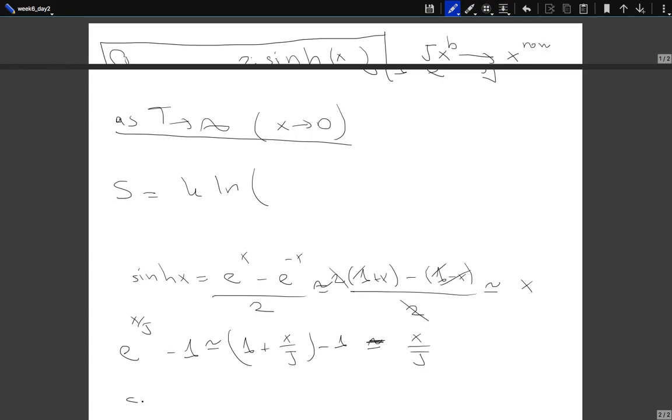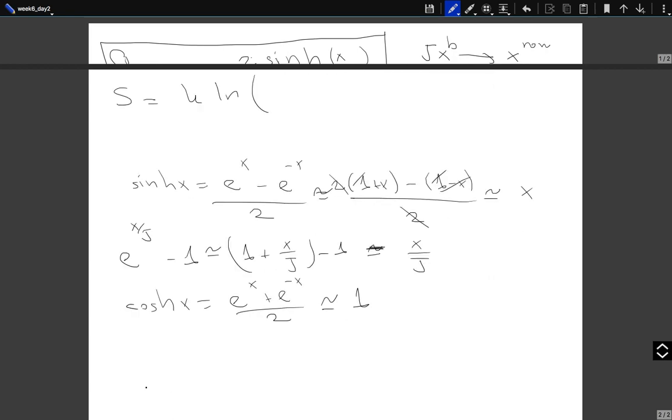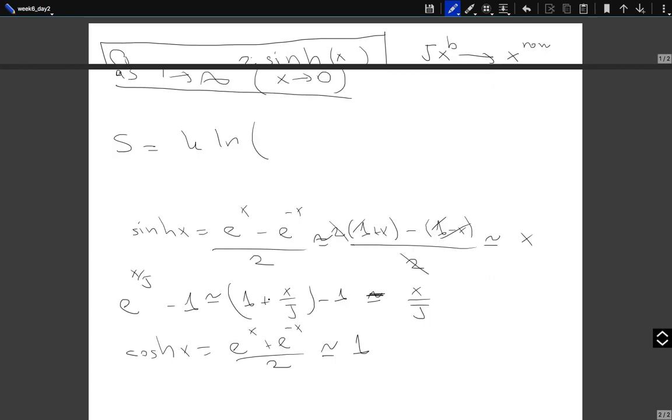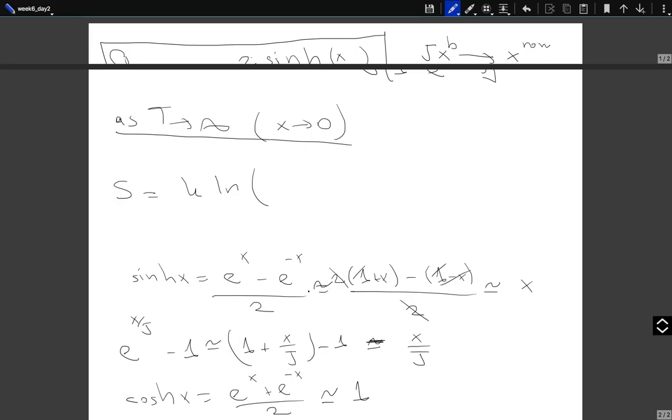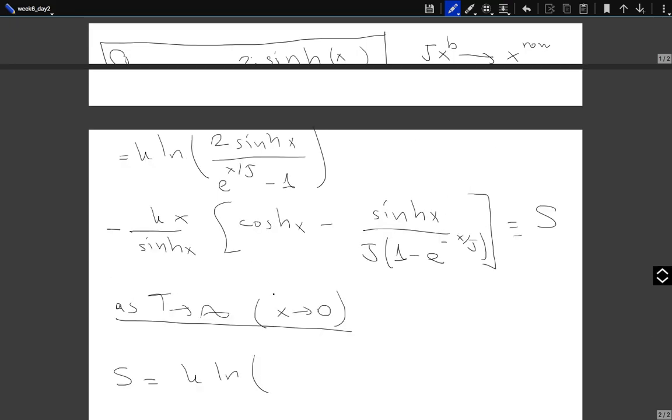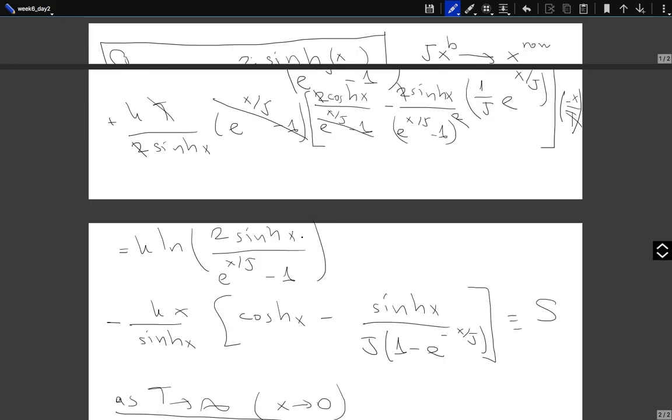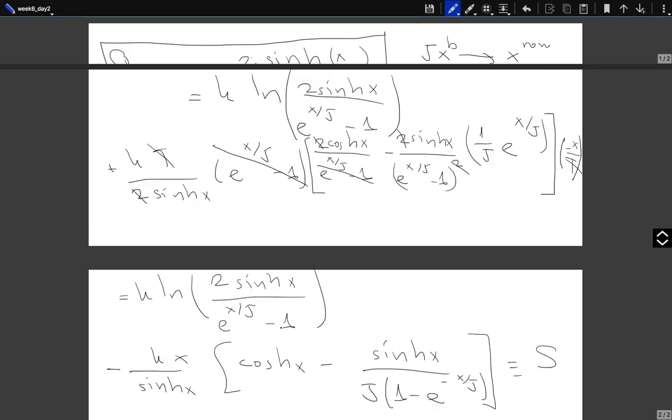Now let us also calculate cosine hyperbolic x. And this is 1. I think we made a minus sign mistake. Where? I'm not sure, but just go above. This cosine hyperbolic x should get a minus sign, I guess.